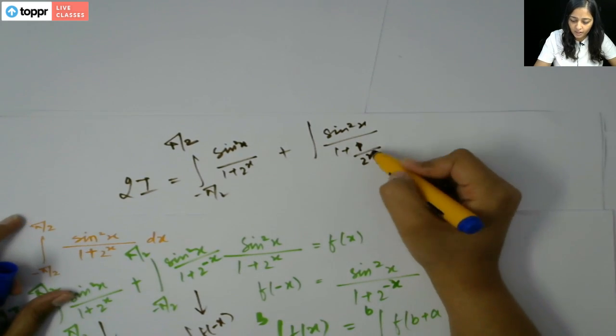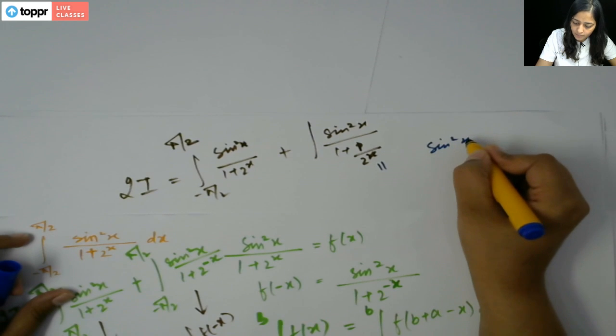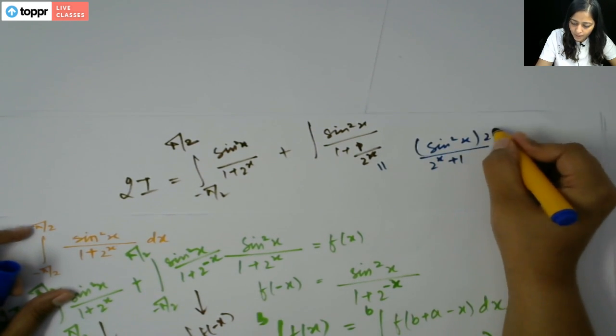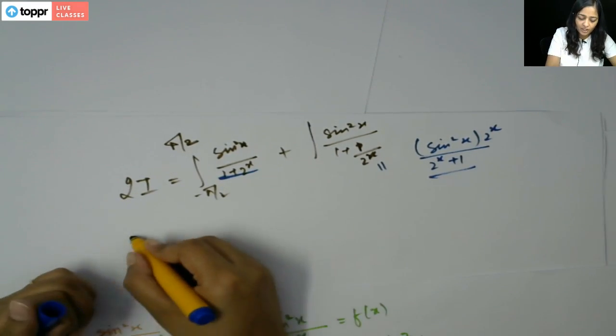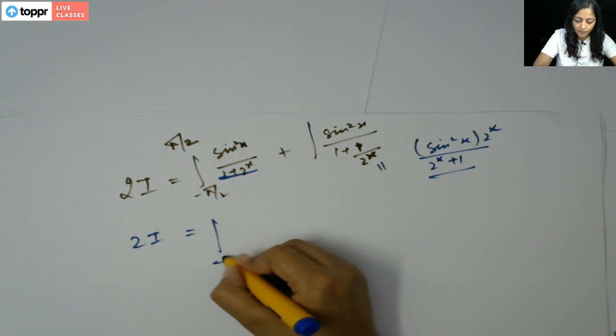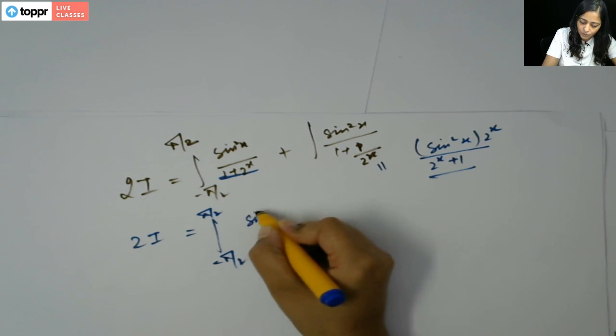So if we simplify it, we get sin²x times 2^x plus 1 multiplied by 2^x. Now the denominators are the same in both, so we can write 2I is equal to the integral from minus pi by 2 to pi by 2 of sin²x common.